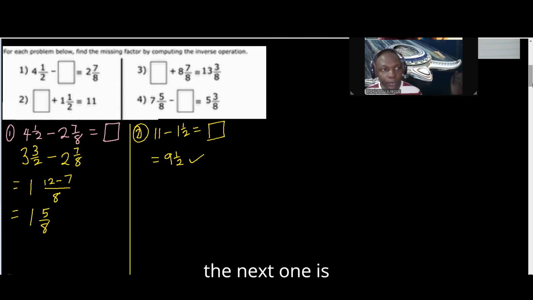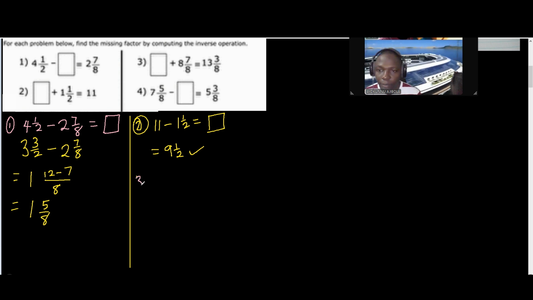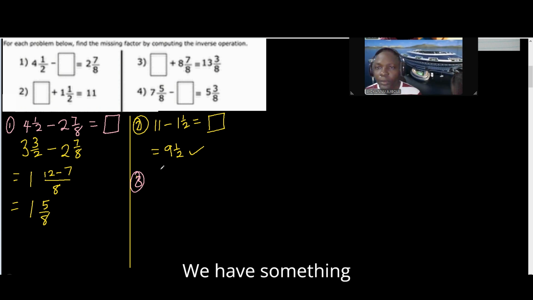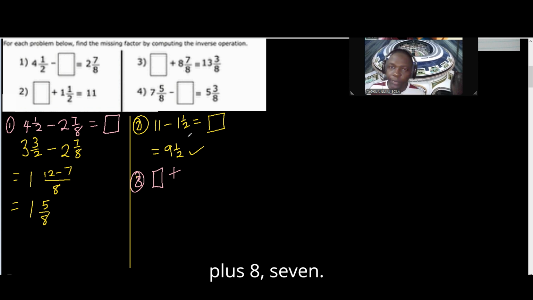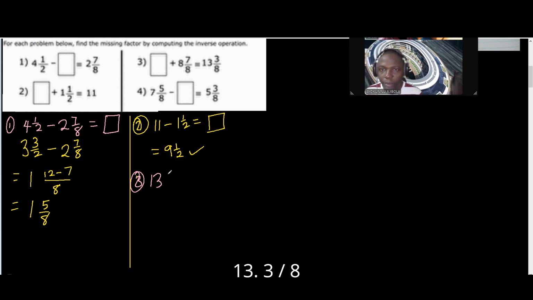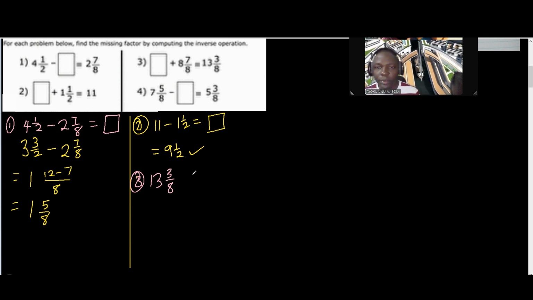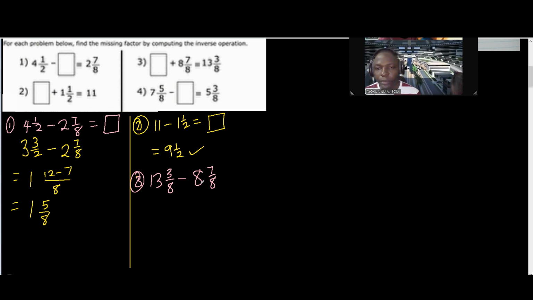Then the next one, let's see. Number 3, we have something plus 8 7 over 8. So to find something, we can just say 13 3 over 8 minus 8 7 over 8. 13 minus 8 is going to be 5, okay?